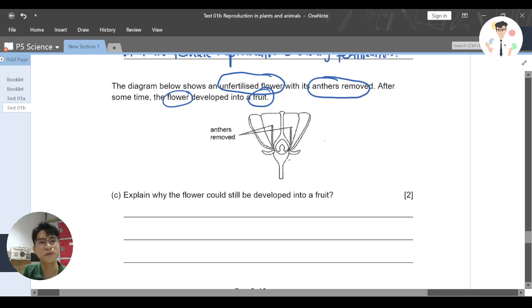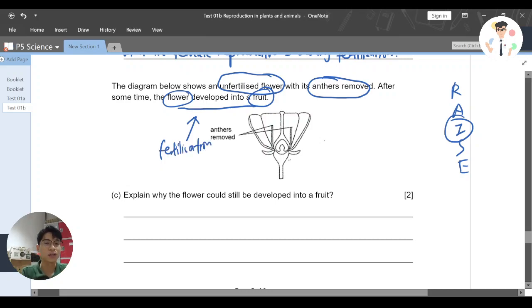Now, when you see the words flower develop into a fruit, straight away you must think, identify the topic. What is the topic that we're supposed to identify here? Flower develops into a fruit. Automatically you should think of the word fertilization. Because if you think back to our booklet, we discussed flower developing into fruit.